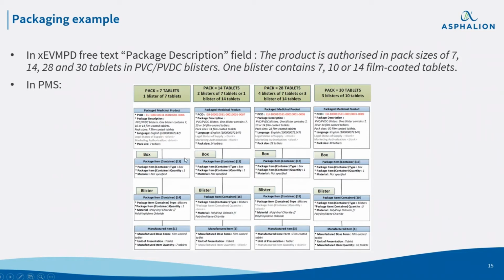And then we go step by step: we define our box, how many boxes, usually one, and the material, and inside this box we have this blister, and the material of the blister. And finally, we define the manufactured item, which would be our tablet, and how many of them we have. So just splitting this simple text box into these 4 objects and the different parts of each object is something that will take some time.